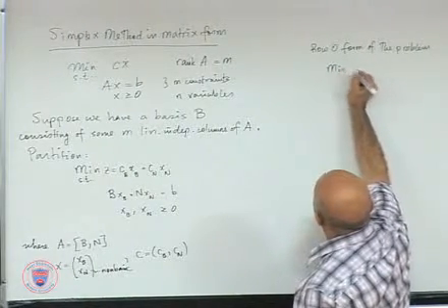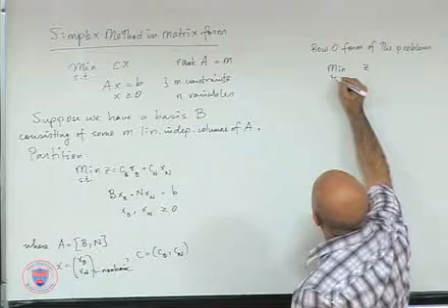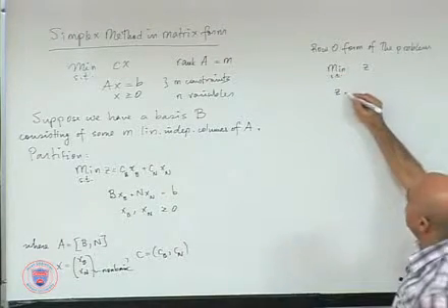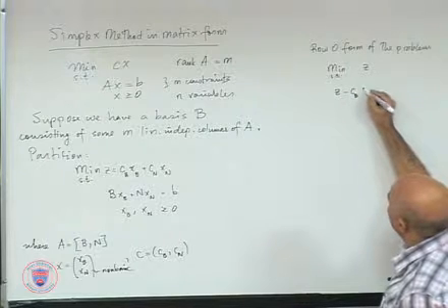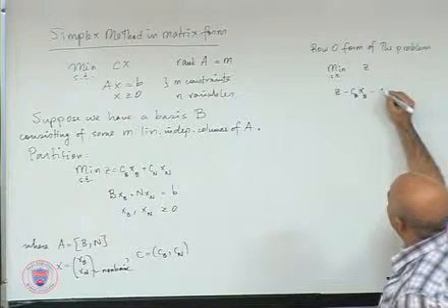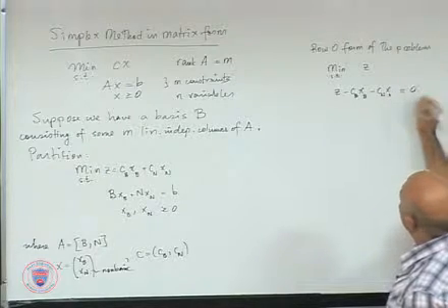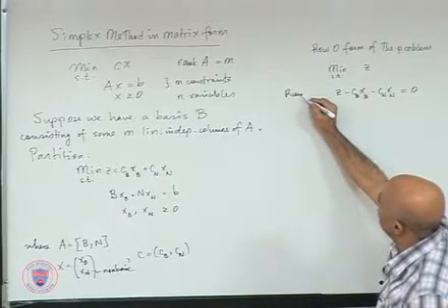You try to minimize z subject to row 0, which refers to the definition of z. This is your row 0.